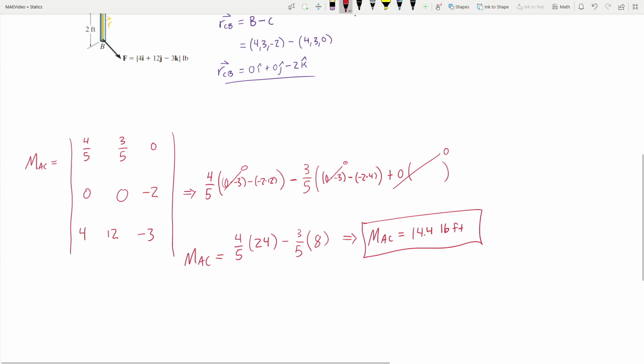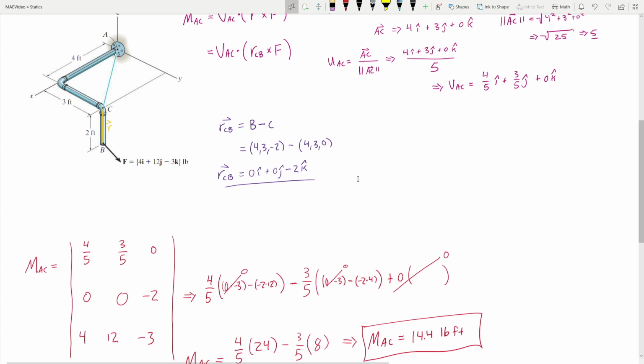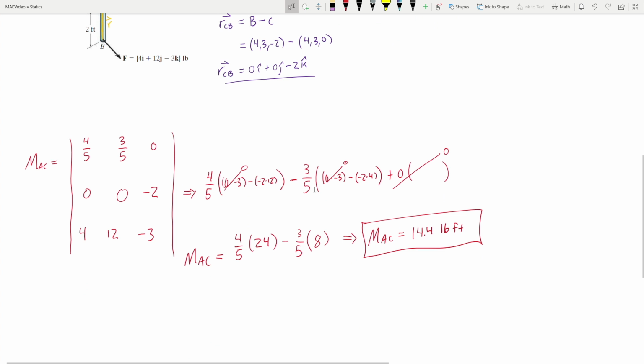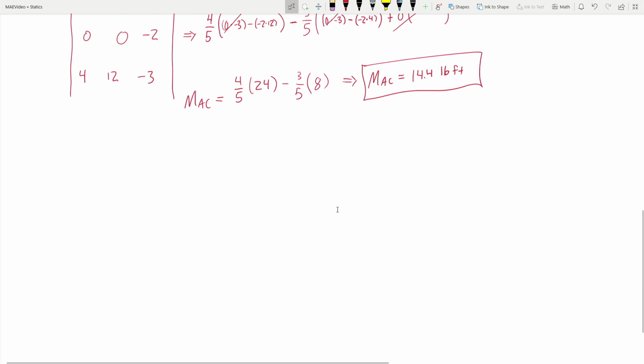Okay, so this is our scalar value of MAC, but we're not done yet because the question asks for the Cartesian components. I'm sorry, the Cartesian vector of MAC. So what we have to do now, in order to get the components of MAC, we need to multiply MAC by the unit vector AC, since the unit vector represents the direction of our axis.